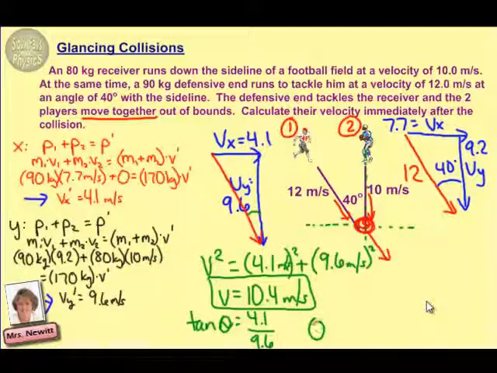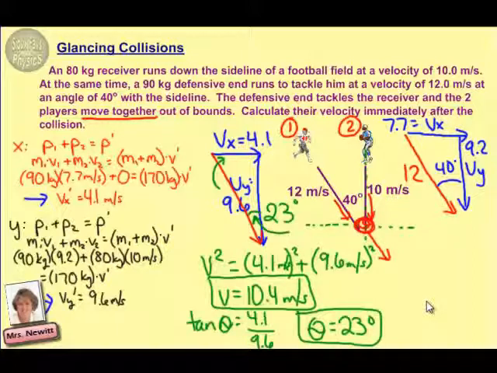Solving that out, we get an angle of 23 degrees. It would of course have been perfectly acceptable to do this angle up here as well. The key is to make sure that you have marked where that angle is measured from, and in this case that would be 23 degrees from the vertical as the angle of their final velocity.